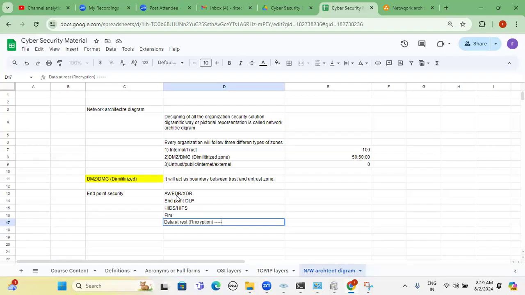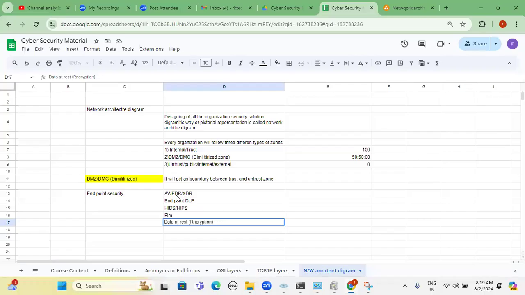Why is it needed, and what is the practical use case scenario? If physical theft or physical damage happens, we have to implement security solutions so that whatever encryption we are doing, like providing a key or password, protects the data. For example, BitLocker or Trend Micro or Symantec or McAfee. These are a couple of solutions. We can make sure that whatever data we are storing in the D drive or C drive or E drive, as part of our endpoint system, is protected.